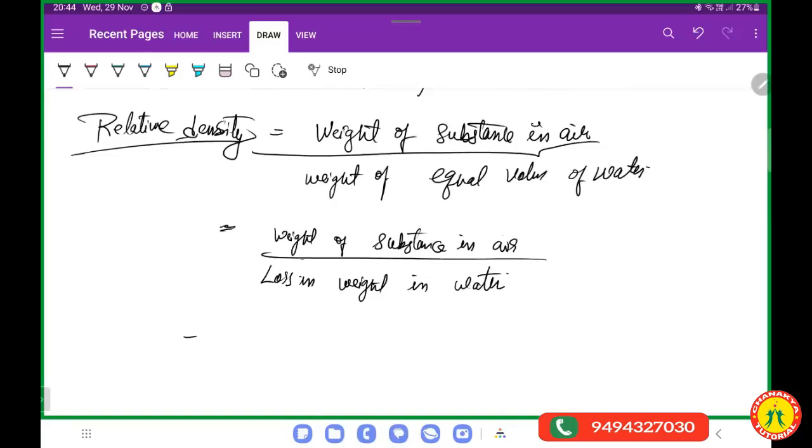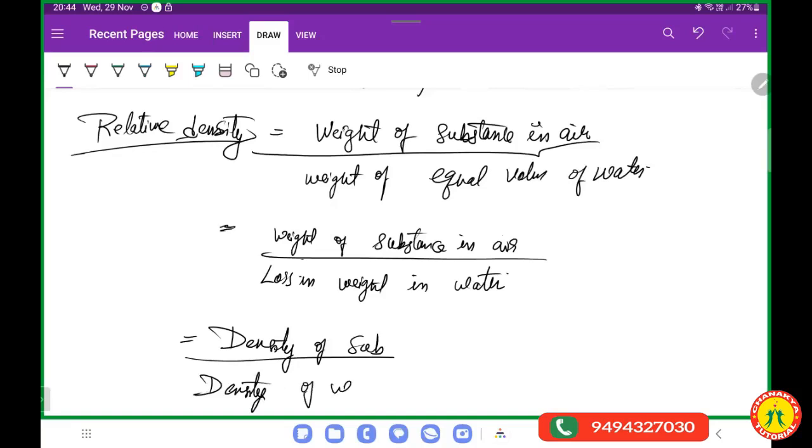Or finally we can say here, density wise: density of substance divided by density of water at 4 degrees Celsius.